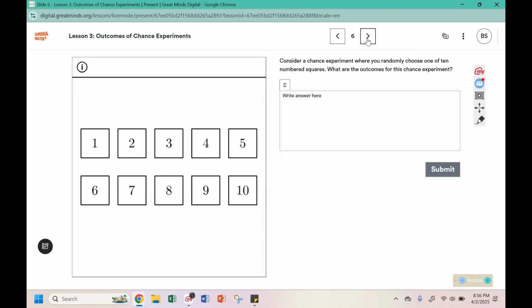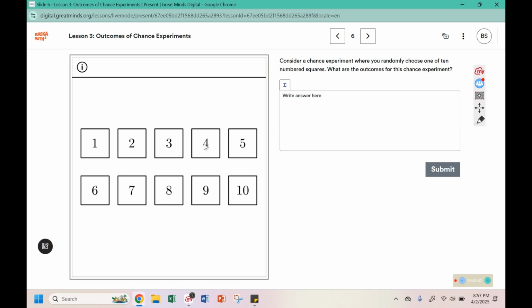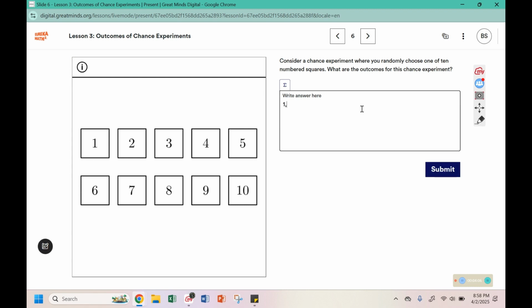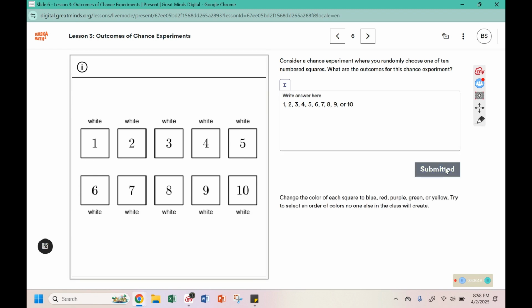Consider a chance experiment where you randomly choose one of the 10 numbered squares. Change the color of each square to blue, red, purple, green, or yellow. Try to select an order of colors no one else in the class will create.